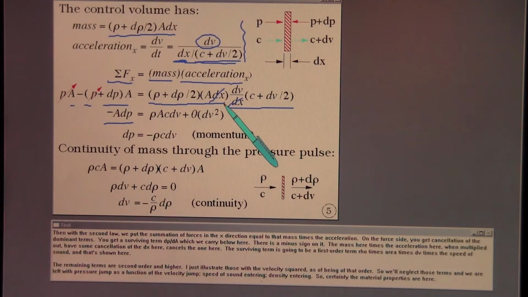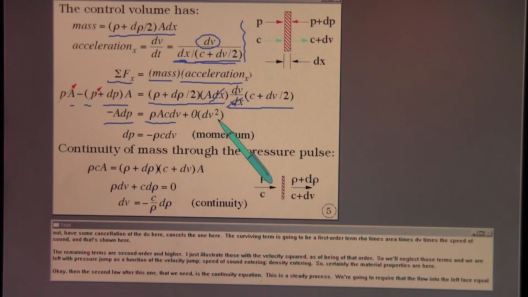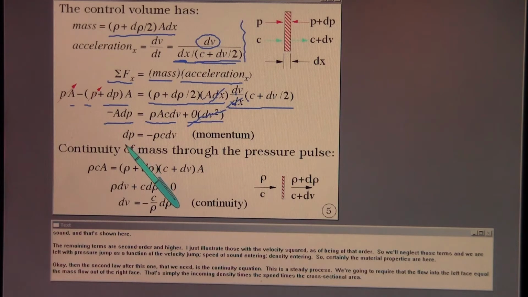The surviving term is going to be a first order term rho times area times dv times the speed of sound, and that's shown here. The remaining terms are second order and higher, and I just illustrate those with the velocity increment squared as being of that order. So we neglect those terms, and we're left with the pressure jump as a function of the velocity jump. Speed of sound entering, density entering. So certainly the material properties are here.